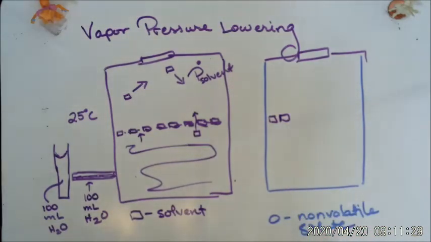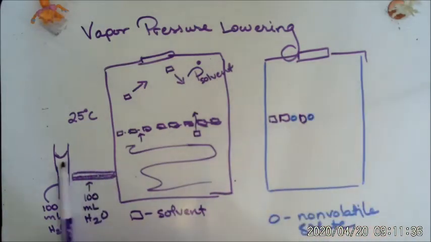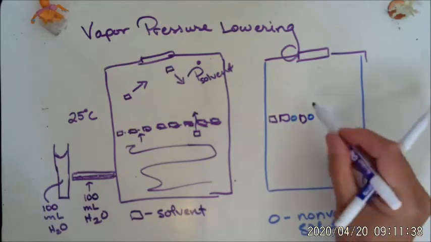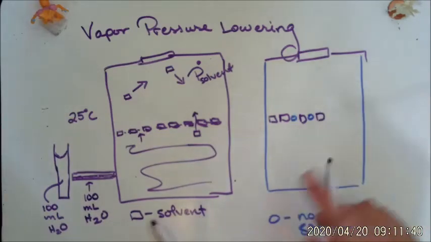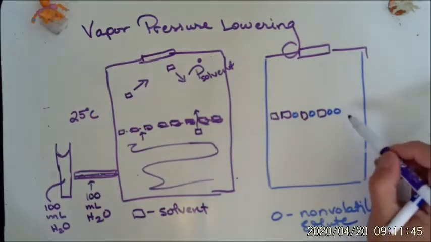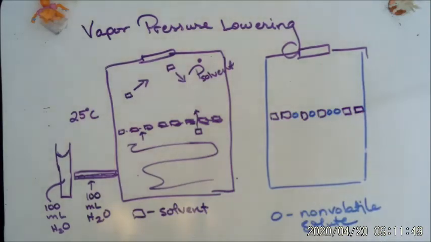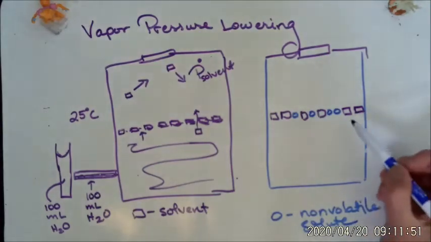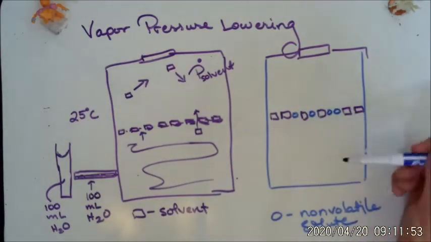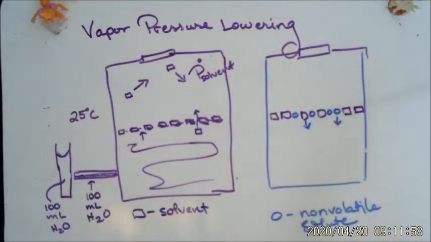Well, now there's a couple things that can happen. First of all, if the attraction with my non-volatile solute in the solution is very strong, then there's a stronger attraction holding my solvent in solution.